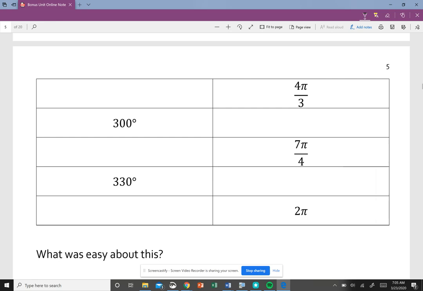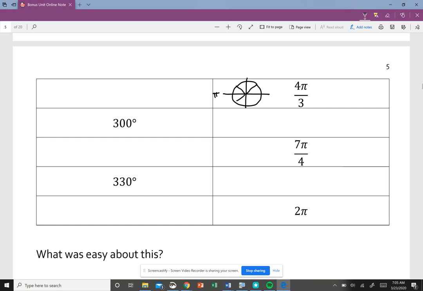It's exciting. So if I'm doing 4 pi thirds, I'm actually going to think about my unit circle here. And I could do just the math. By the way, I hate doing just the math. I'd rather logic my way through it. So here's pi, and here's 1/3 of pi, here's 2/3 of pi, 3/3 would be pi. And then we want to go to 4/3.